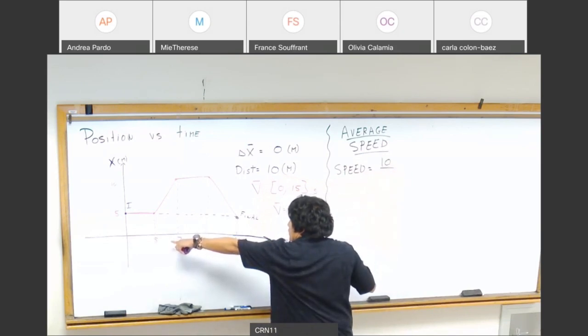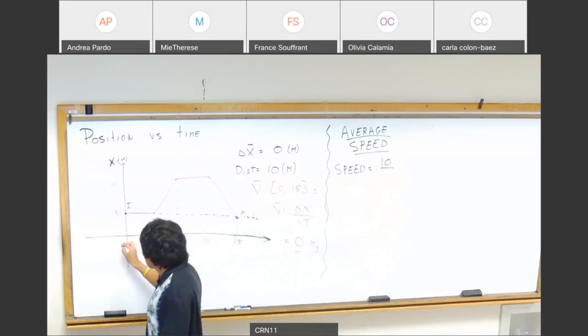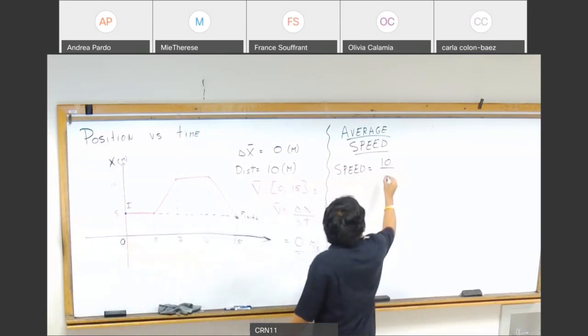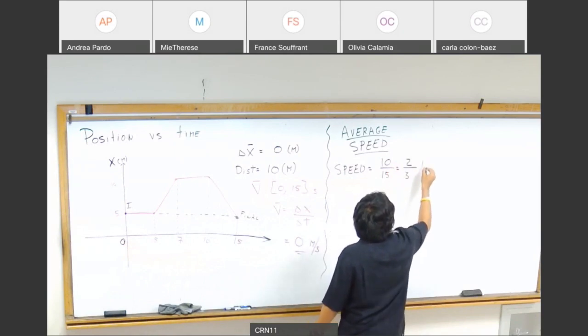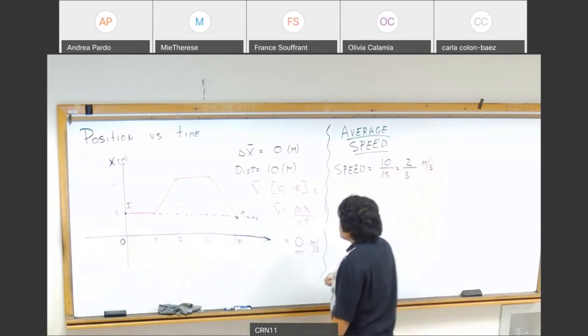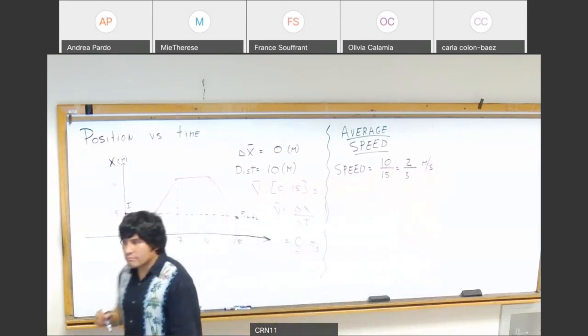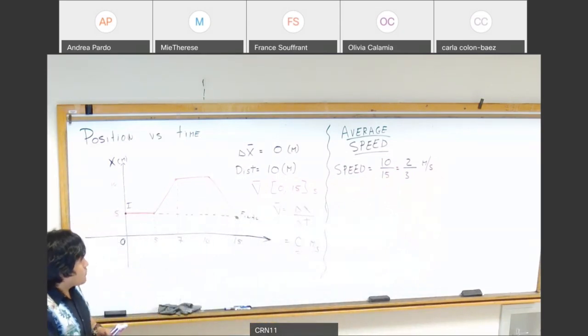The total time is how much? From 0 to 15. If we simplify, we get 2 over 3 meters per second. Not bad, right? We found the average speed and the average velocity on the whole trajectory, on the 15 seconds. Again, another problem where you get different values, right? Okay.